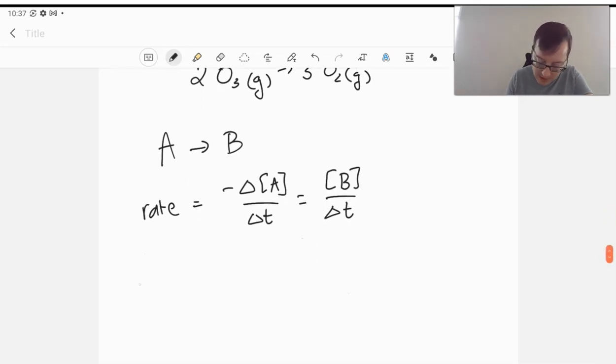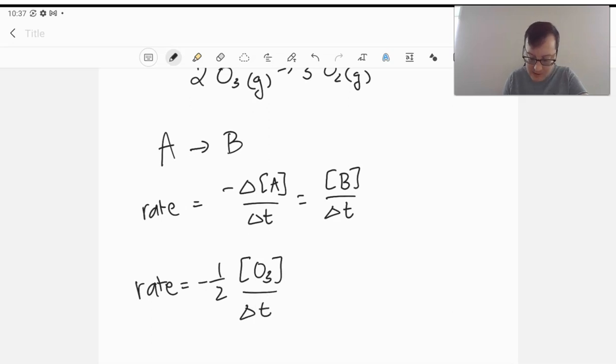For this particular reaction, we'll see that if we take half the rate at which O3 is depleted over time, we would see that that's 1/3 the rate at which dioxygen is appearing.